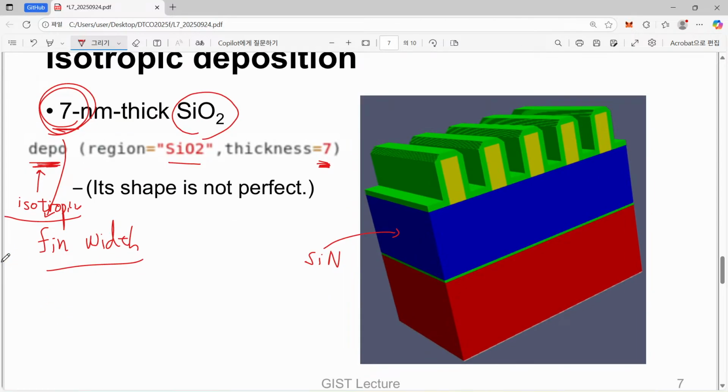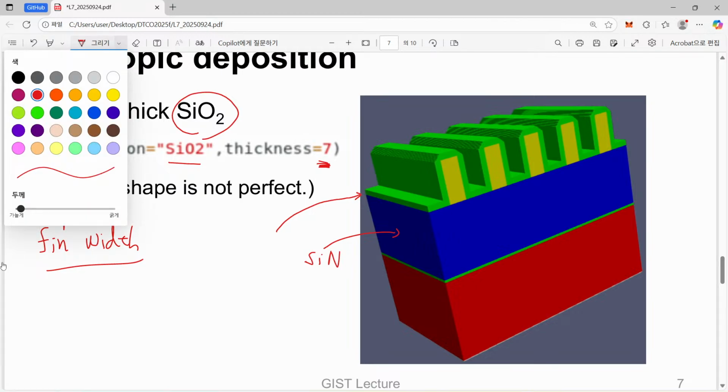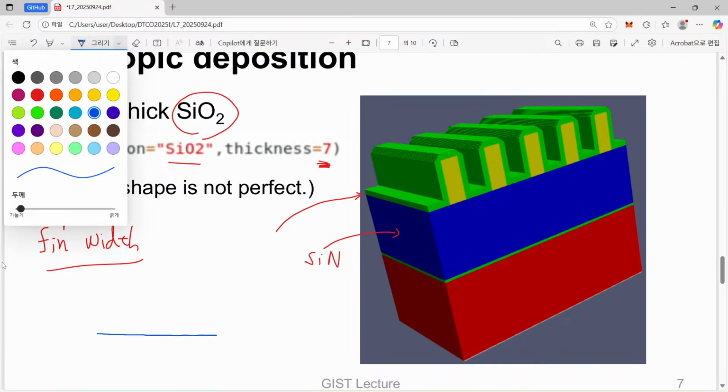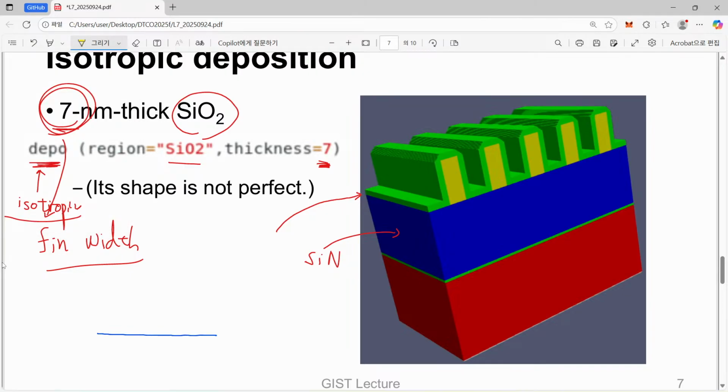So that's the result of our isotropic deposition. This green line corresponds to silicon dioxide, and please have a look at its shape. If we try to do certain anisotropic deposition, then what will happen?